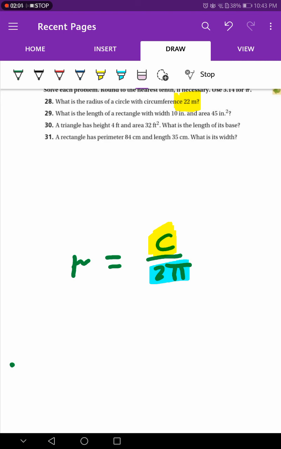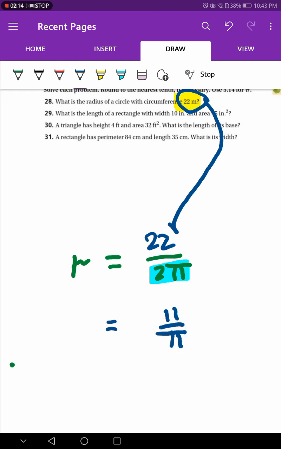So you just remove this and write this here. And then you get the answer, 11 over pi. How do you get 11 over pi, teacher? Because, my boys, 22 divided by 2 equals 11. So this is the answer.